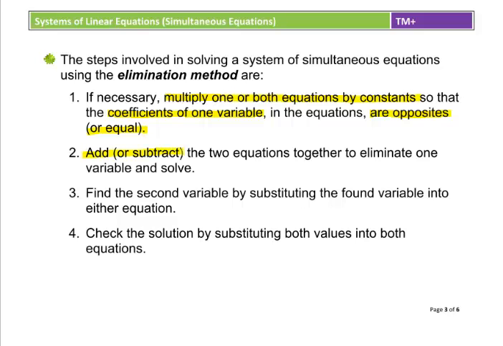You will then add or subtract the two equations together, and that will eliminate one of the variables. You'll then solve. You'll then find the second variable by substituting the variable you just found into either equation, and finally you'll check your solution by substitution.